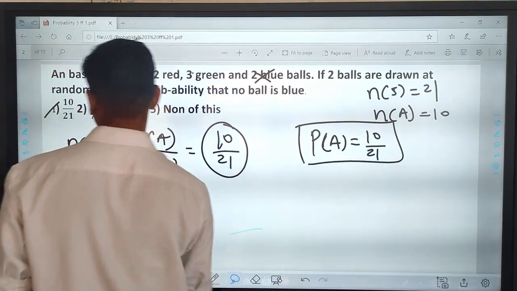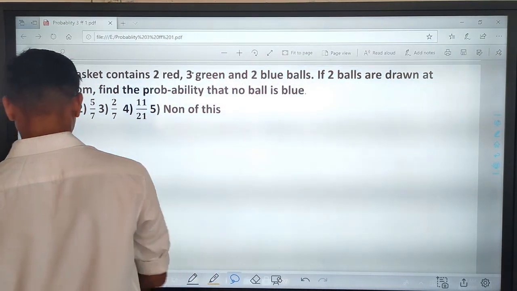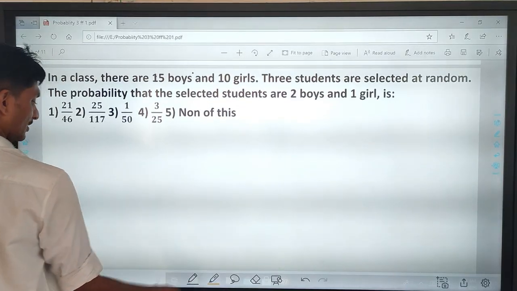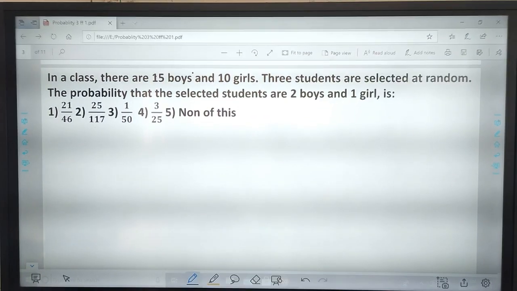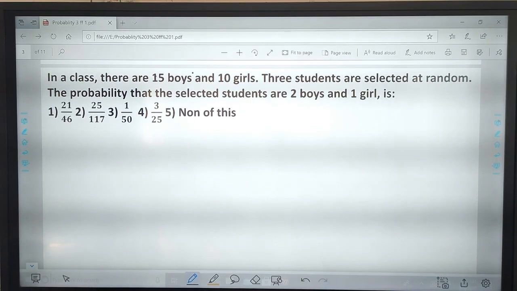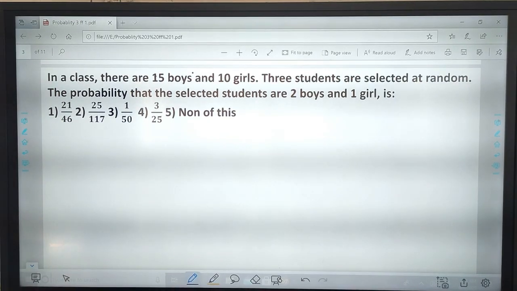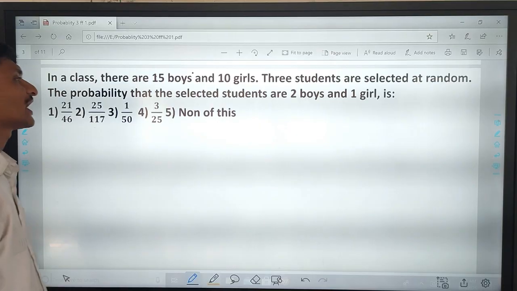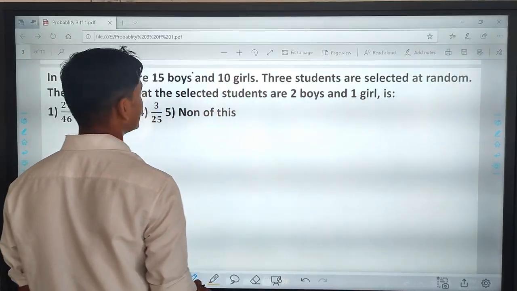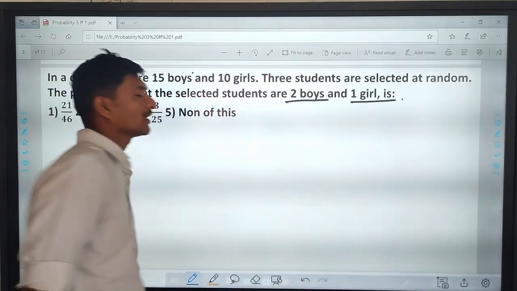Now next, in a class there are 15 boys and 10 girls. 3 students are selected at random. The probability that the selected students are 2 boys and 1 girl is?